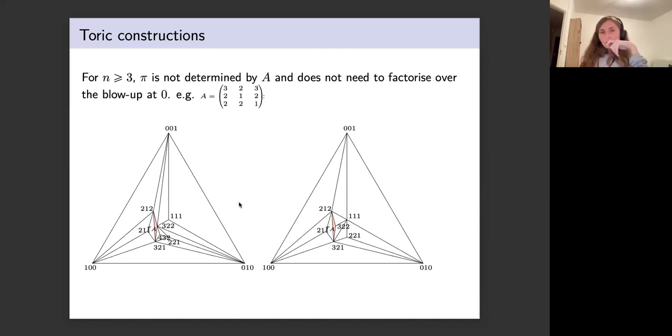So here, I drew two fans which are supposed to be in R3. Really what is drawn is a section of these fans by the plane through (1,0,0), (0,1,0), (0,0,1). So what appears as a 2-cone is actually a 3-cone, because you have to think of it as the cone from 0.